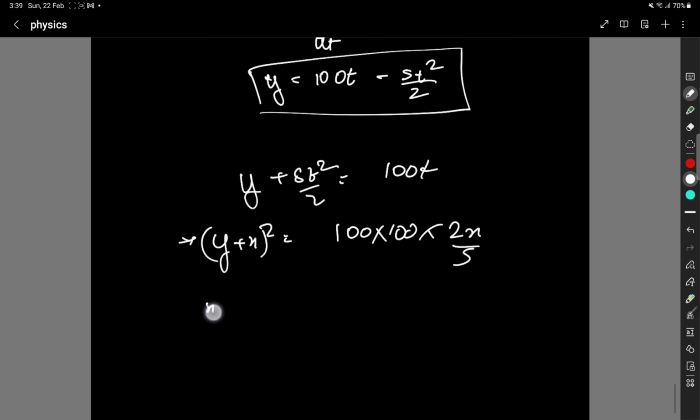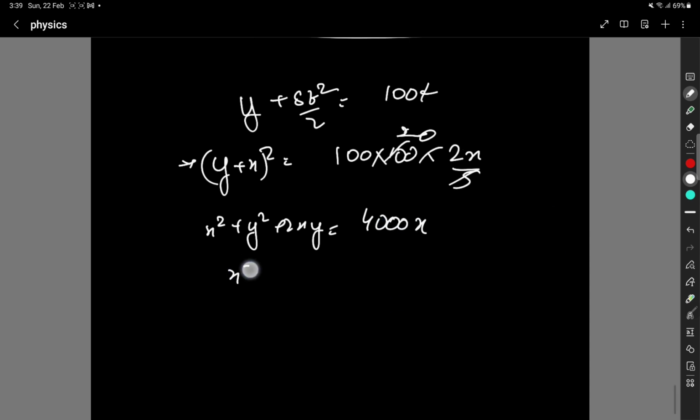So x square plus y square plus 2xy minus 4,000x is equal to 0.